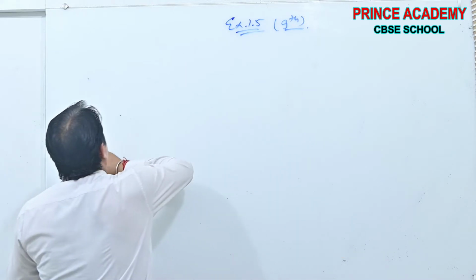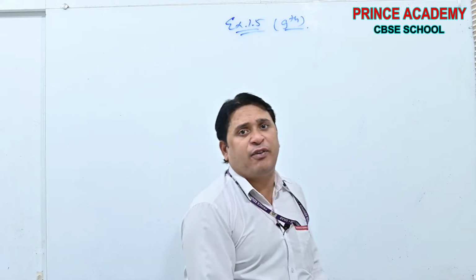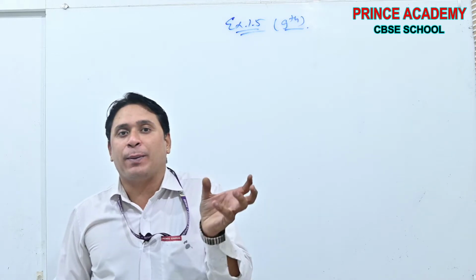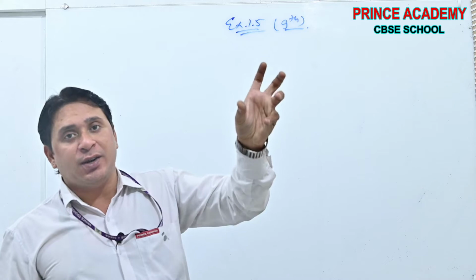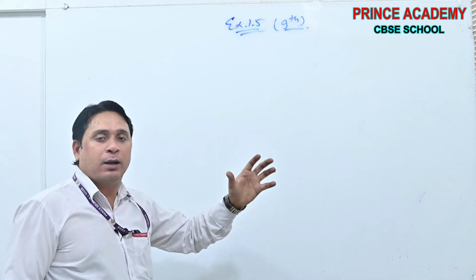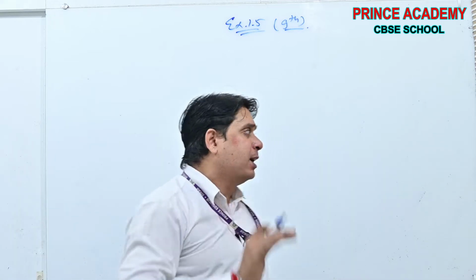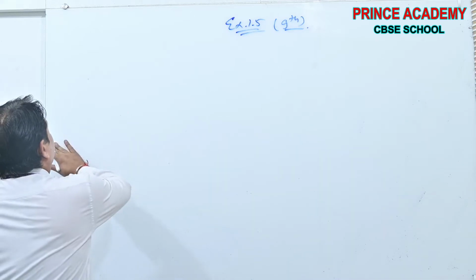question number 5. See beta, in question number 5, if you observe, what should be the representation of a root number, root decimal number, or whatever number on the number line. See, I am giving you an example.